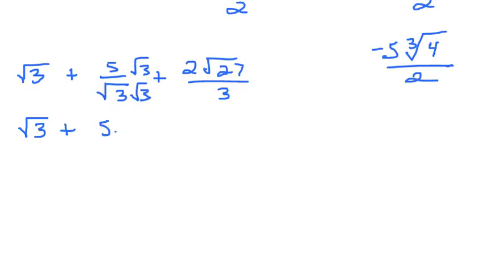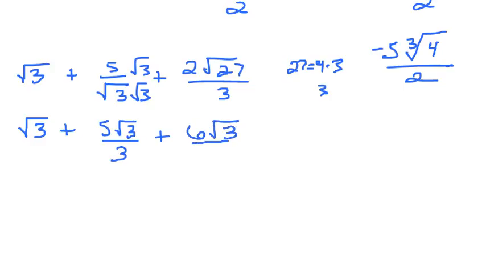So we have 5 square roots of 3 over 3 plus, now the 27 can be written as 9 times 3, but then that 9 is a square, and so we're going to end up getting 3. 3 times 2 is 6 square roots of 3. And that's over 3. But as you can see here, we need to get a common denominator.